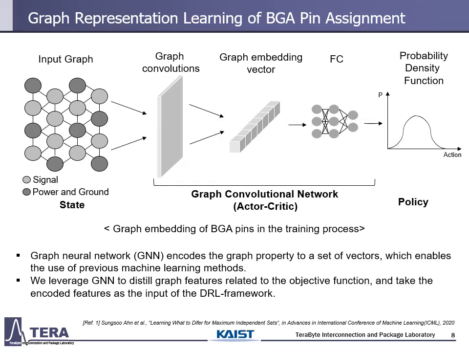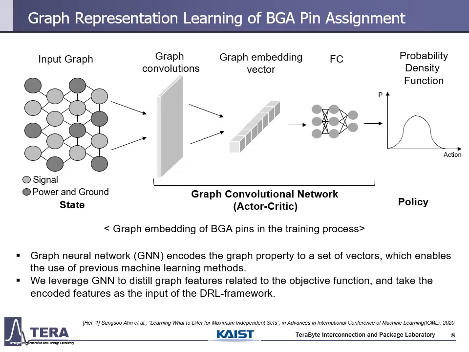Another advantage that we can take with graphs is that we can still utilize graph representation learning. To say it in another term, we can use graph neural networks for parameterization of the neural network. And the GNN, the graph neural network, extracts important graph properties and embeds them into a set of vectors.